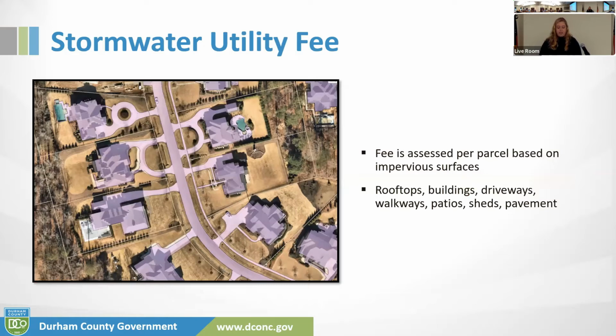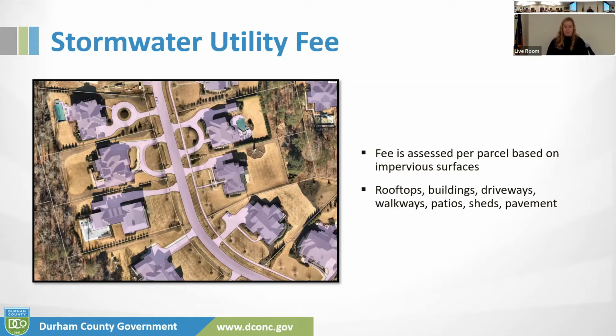For us, the stormwater utility fee is assessed per parcel for property owners based on the square footage of impervious surfaces on the property. Property owners receive this fee annually on their property tax bill. Impervious surfaces include rooftops, buildings, driveways, walkways, patios, sheds, pavement.